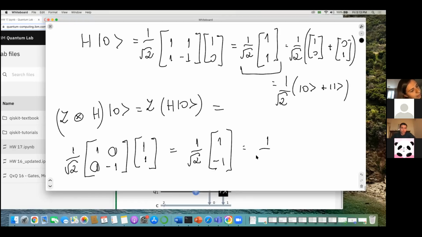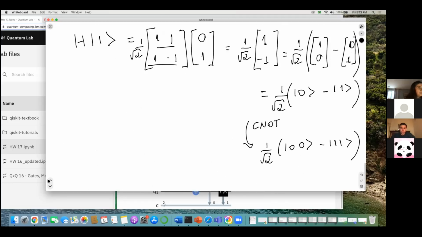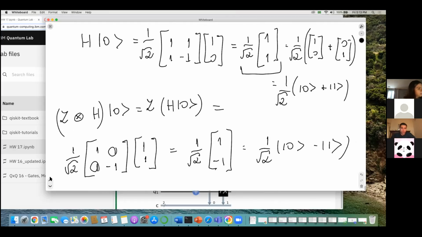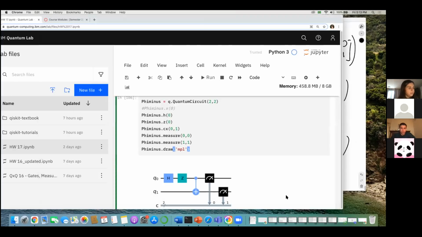So as we know, this is, so I showed that there are 2 ways: applying the Hadamard gate to the 1 vector, or applying a Z matrix after I apply the Hadamard gate, and that's what we have here.